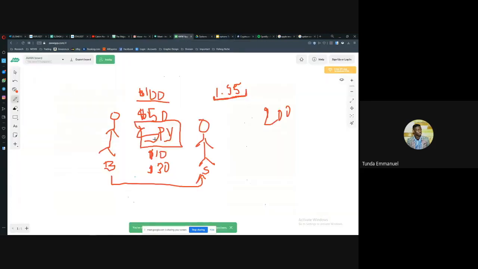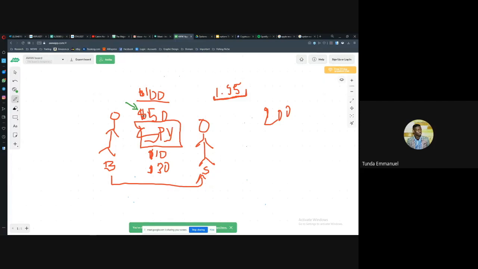So in the example we used previously, the SPY can be trading at $10, but you can agree to buy it at $50. You don't have to buy it at the actual price on the market. You can buy it at a lower price or even at a higher price. You decide the price.